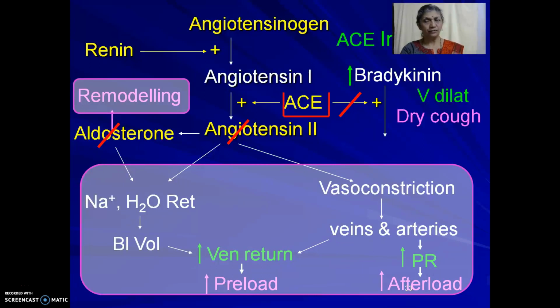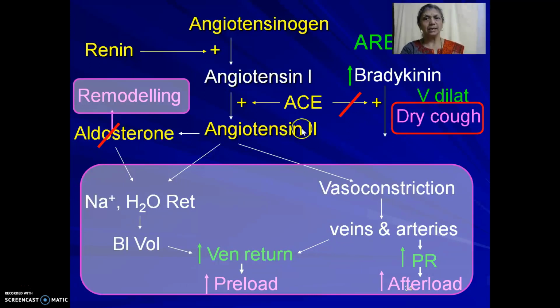Can we avoid dry cough but yet get both these beneficial components of effects, that is no vasoconstriction, no sodium water retention, no remodeling, and no dry cough? Yes, the solution is use of ARBs, angiotensin receptor blockers. They are not interfering with the action of ACE, angiotensin converting enzyme, so they are not interfering in manufacture or release of angiotensin 2.